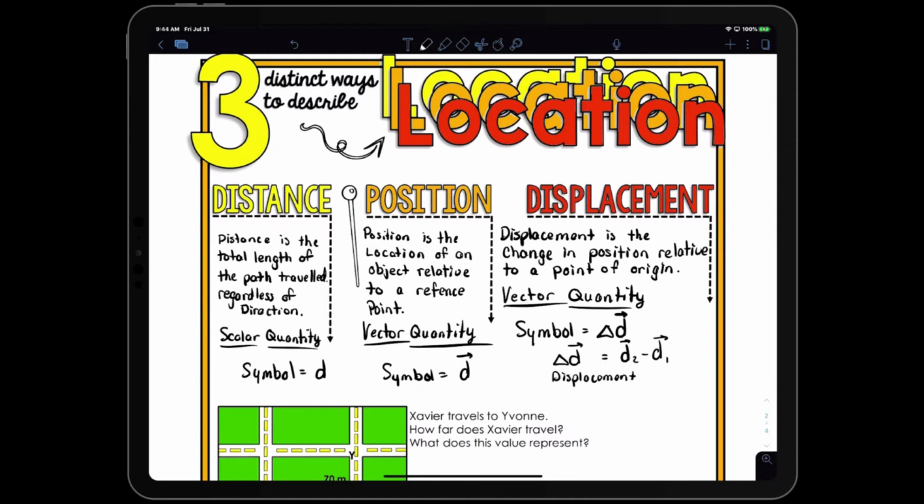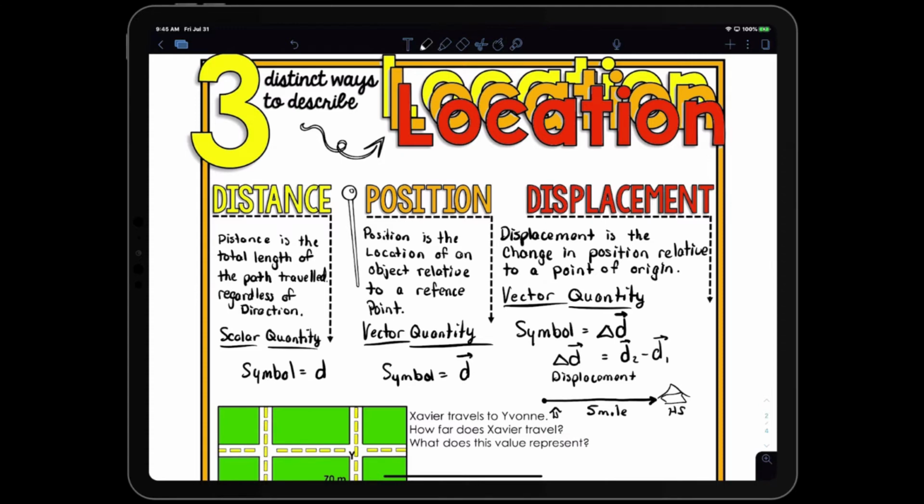So we're going to say that if this right here is your house, and you live 5 miles away from the high school, so right here is the high school, that means that you would have had a displacement to the east in this case of, I said 5 miles, didn't I? Of 5 miles. Now, how would we determine that value?